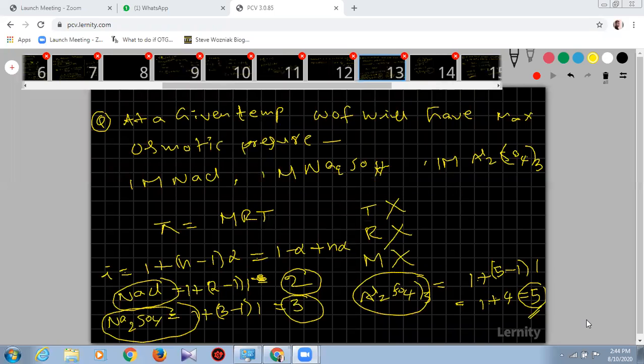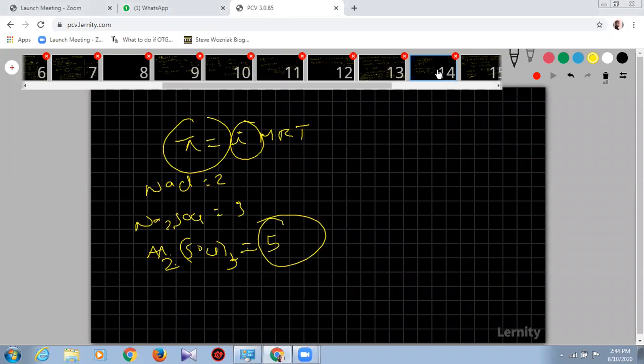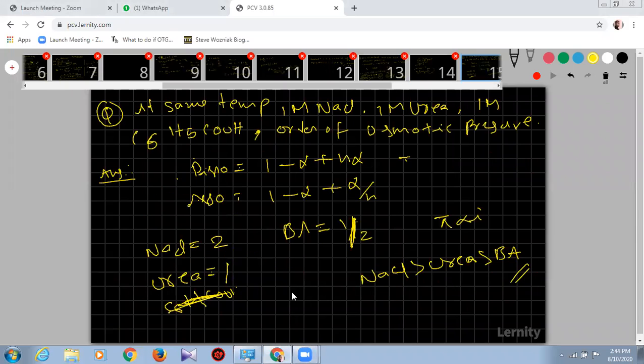Ishika, any doubt? You're raising the hand but I cannot see you. If any doubt, you can chat me. Benzoic acid: BA means benzoic acid, I wrote it simply like this.